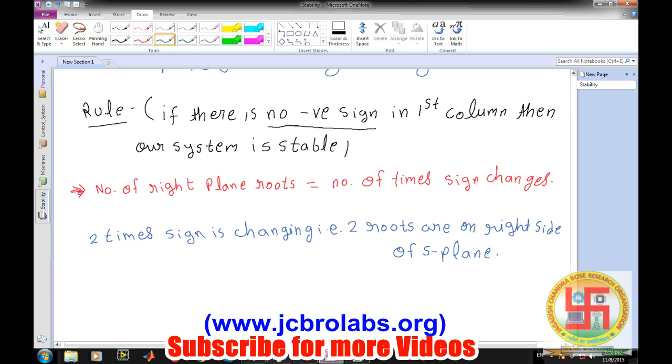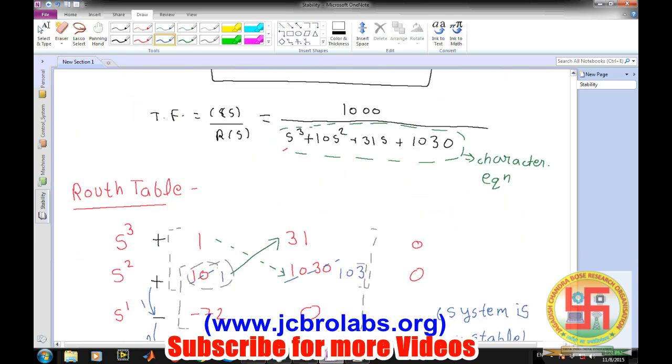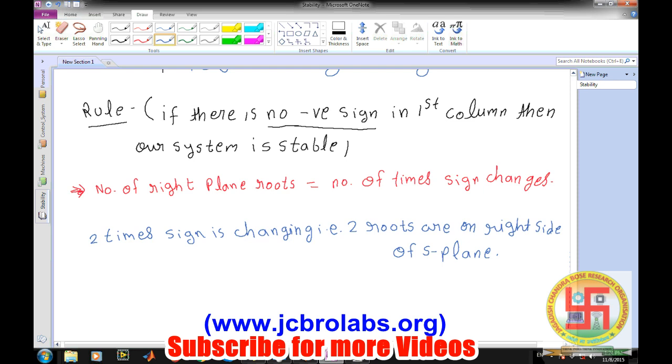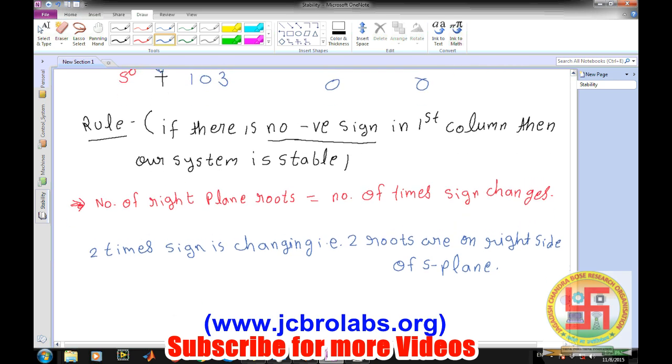So all the information can be found. That is why the Routh table, or Routh-Hurwitz criteria, is most important. So there should not be any negative sign in the first column of the Routh table, and then our system will be stable.